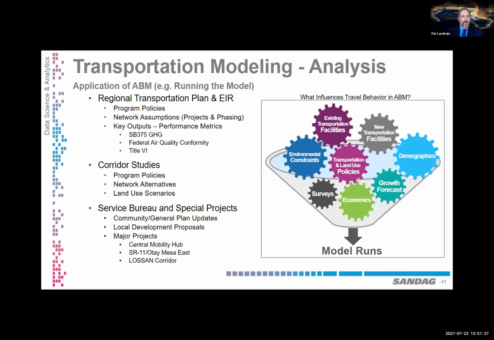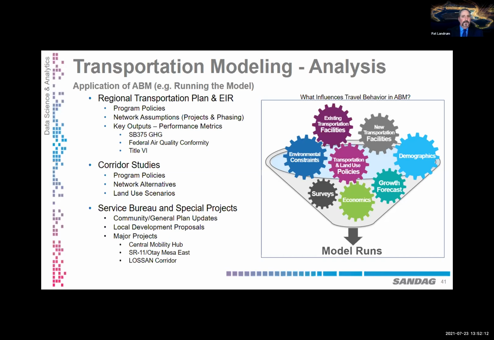We also use the model for corridor studies, again, program policies, network alternatives, and for custom analysis, we'll also look at different land use scenarios. For example, for Service Bureau or special projects, when there's a community general plan update or local development proposal, we'll use a customized land use scenario that is indicative of what type of development and what scope that development project will have, and then measure the outputs as they relate to what the base case or no build scenario is.